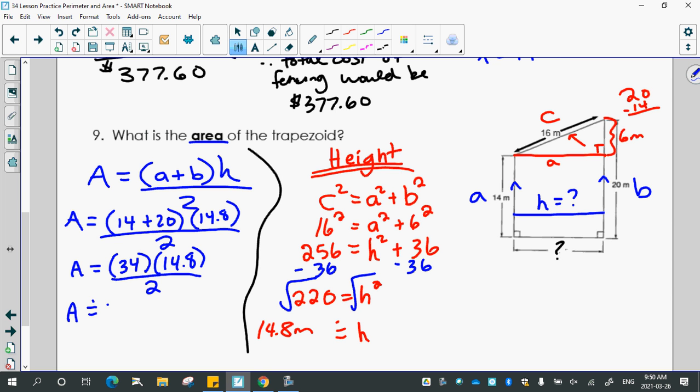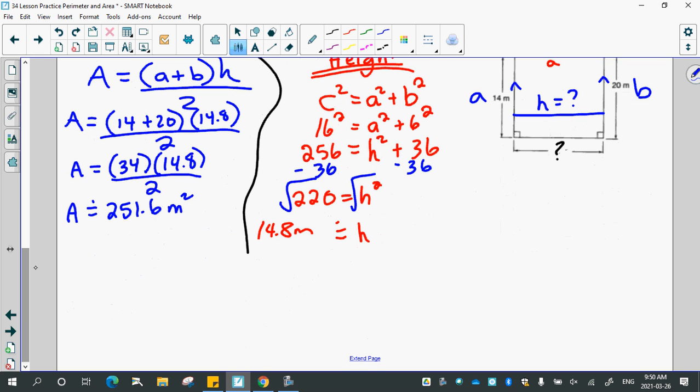That gives 251.6. And then units are so important in measurement questions. It's area, so it's square meters. Therefore, the area of the trapezoid is 251.6 square meters.